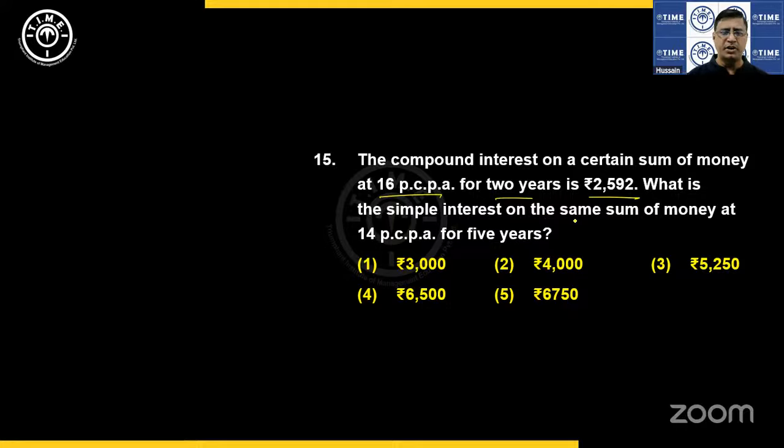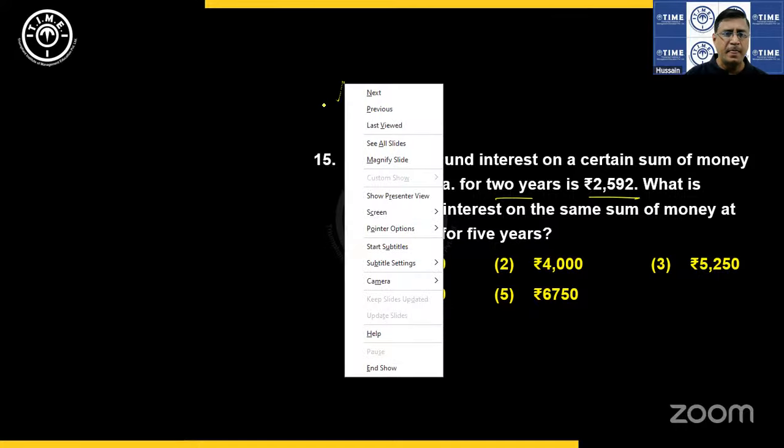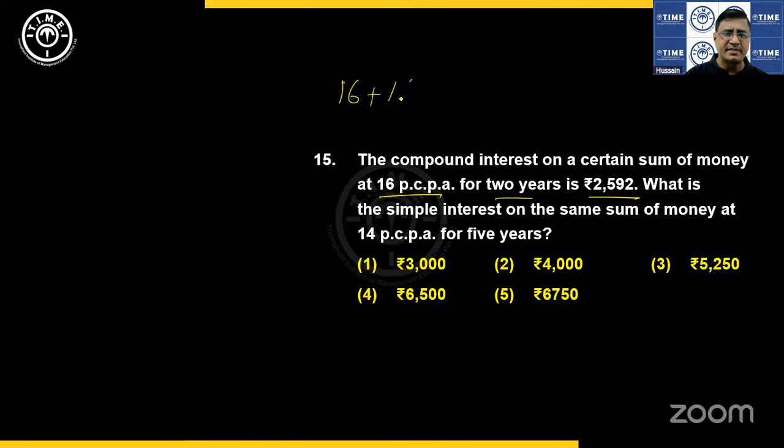What is the simple interest on the same sum of money at 14% per annum for 5 years? 2 years, 16% per annum compound interest. What is the effective rate of interest? A plus B plus AB by 100. Just apply. So 16 plus 16, 16 into 16, 256 by 100.